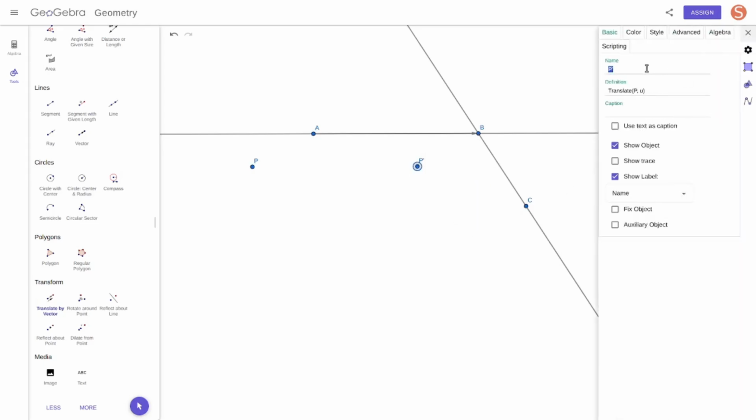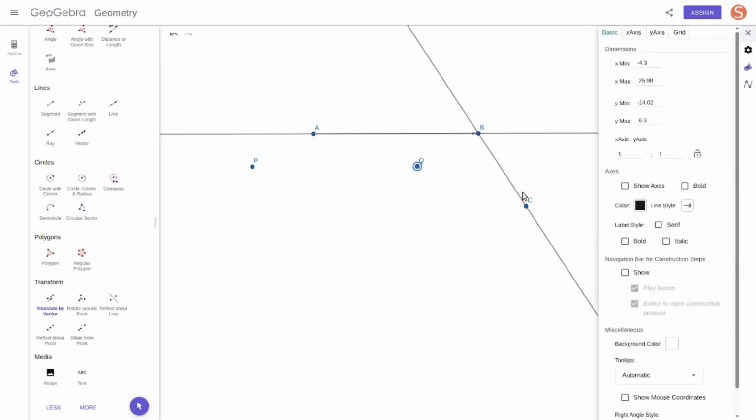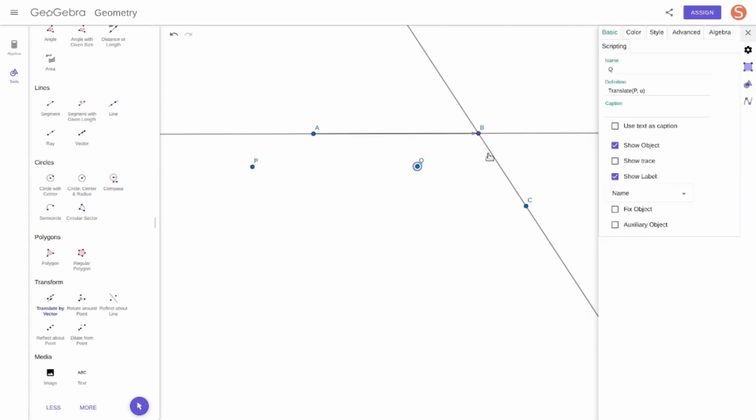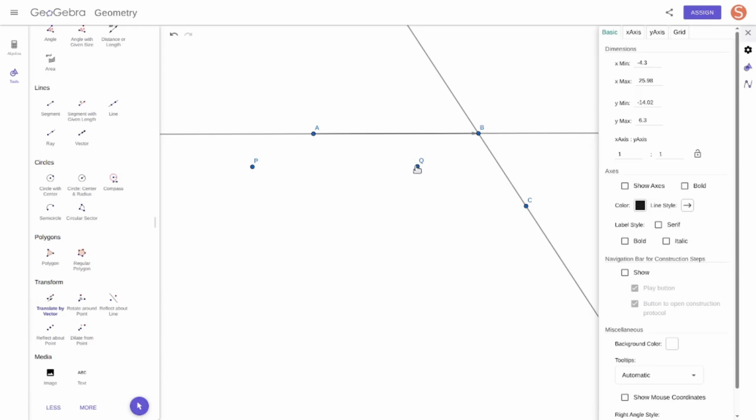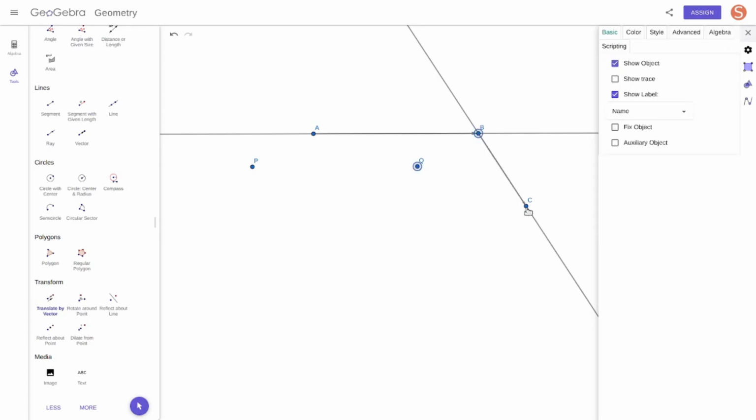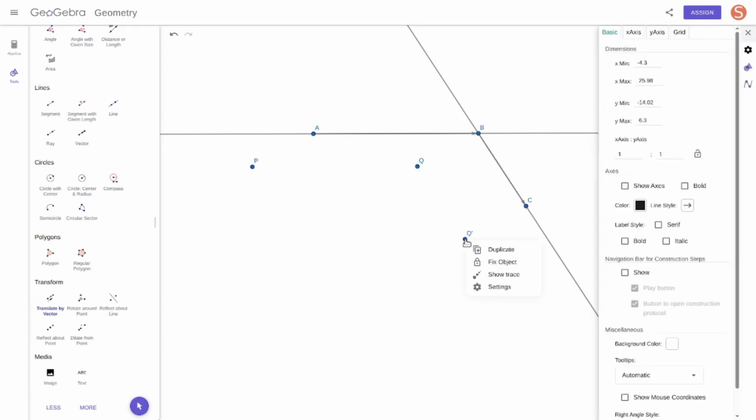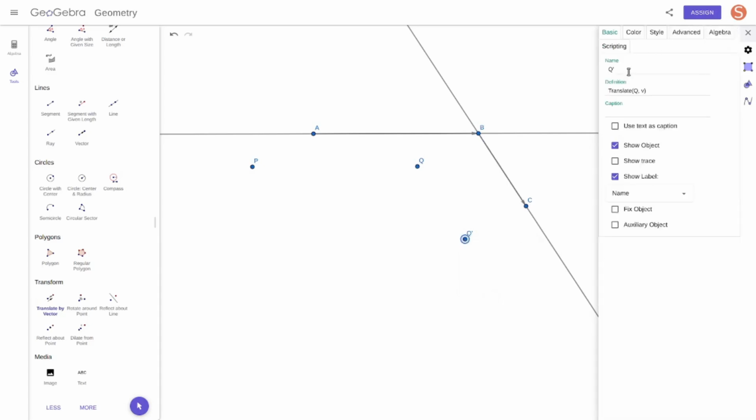And that guy is called Q. And then I want to translate Q by the vector BC. Let's see, Q translated by BC. And this now gives me the point P prime.